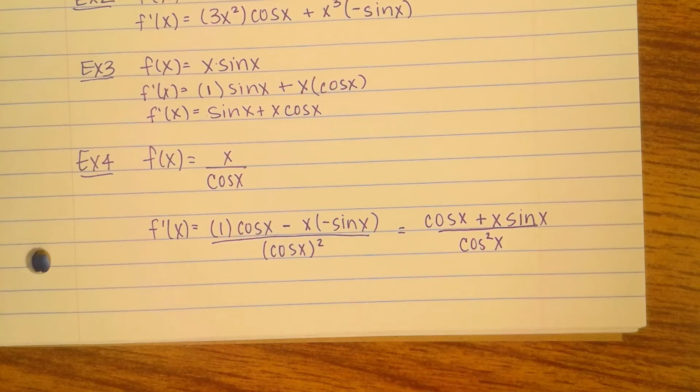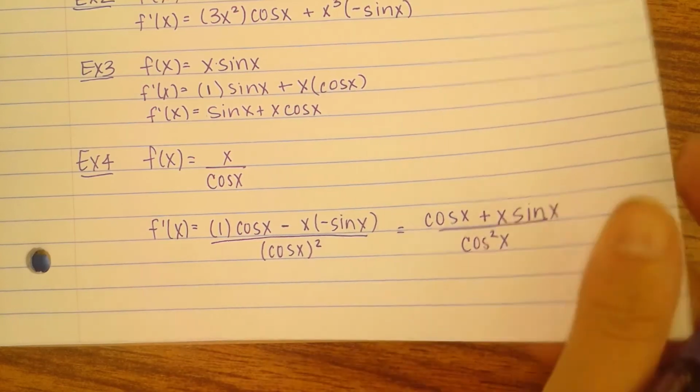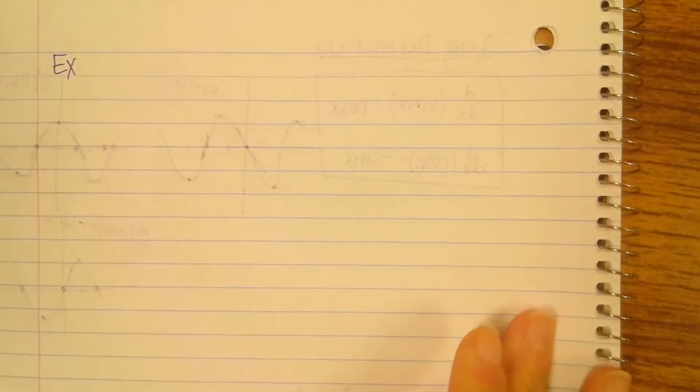So you could write it as secant x plus x tan x secant x. That's possible too, just so you know. You should be able to recognize all forms of this. Again, we're going to go through a bunch of different forms here so that we're comfortable.